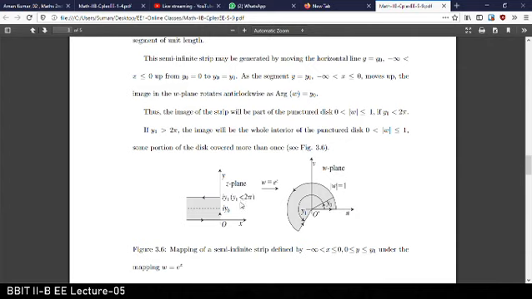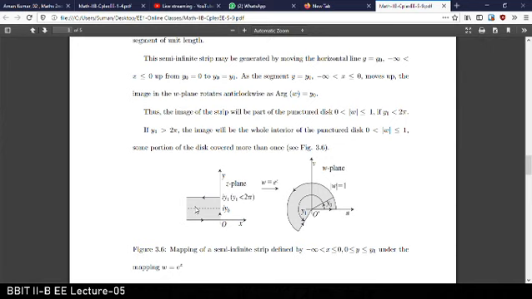If it is less than 2 pi, it will be a part of the circle, not only the arc, including the internal space. It will be bounded by these two radii, this one and the corresponding one, which corresponds to this imaginary part y1, this angle. Clear?